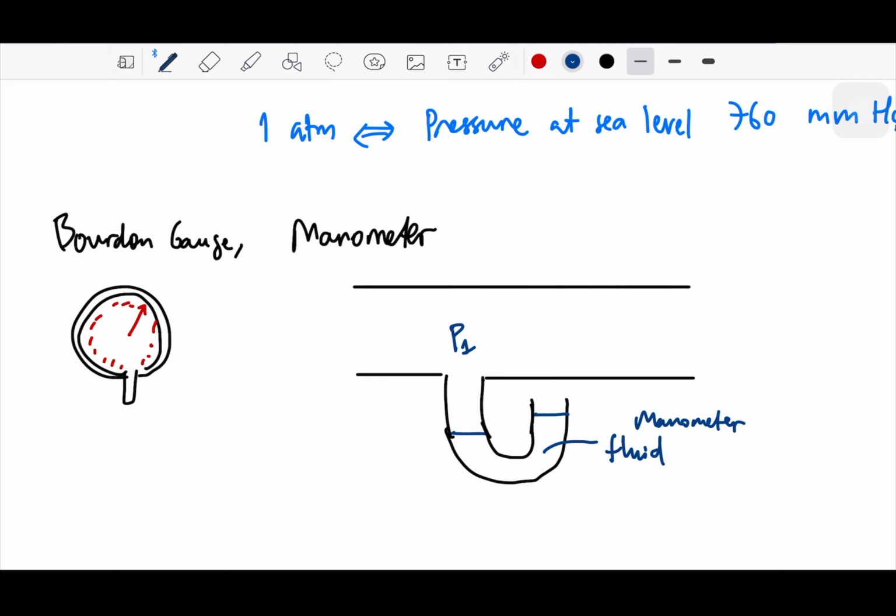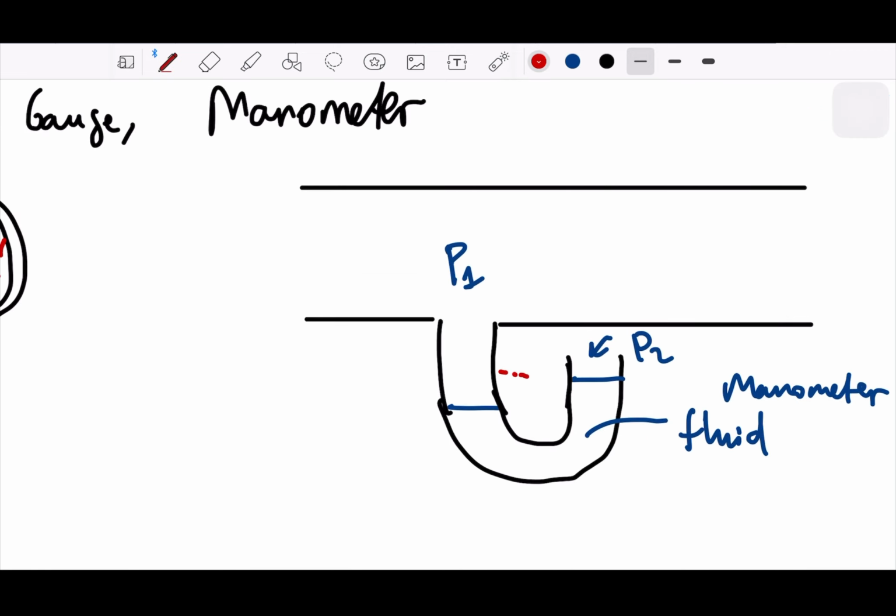Basically how it works is we are just taking numbers between pressure P1 and P2, okay? And we can see the difference on the scale. So you will see the scale in terms of different height. This will give you some idea from this. Of course, different pressure will have different height.